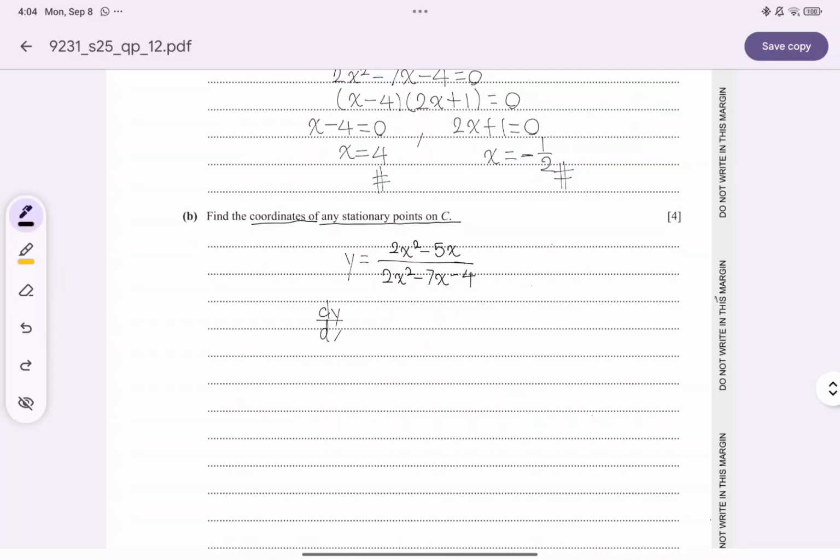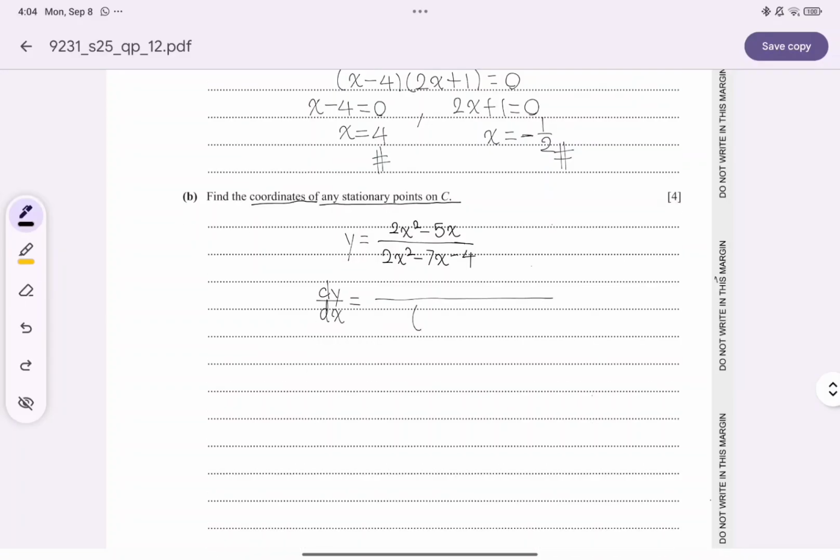Then dy/dx equals, over 2x squared minus 7x minus 4 squared.